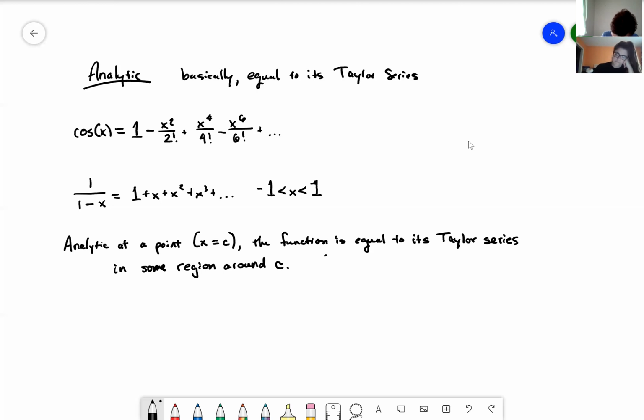So we have some region, c minus delta, c plus delta, where f equals its Taylor series, which I'll write in the general form.